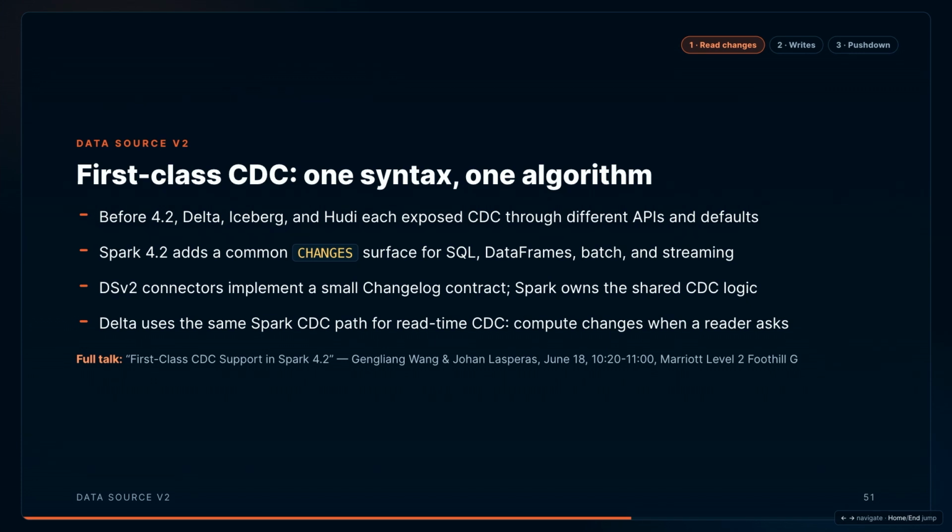Previously, as part of the DSV2 framework, Delta, Iceberg, and Hudi also support change feed, but each has its own API and different implementation and different default behavior. Now in Spark 4.2, we make it a first-class citizen so that we have a single changes syntax, one algorithm inside Spark to support CDC.